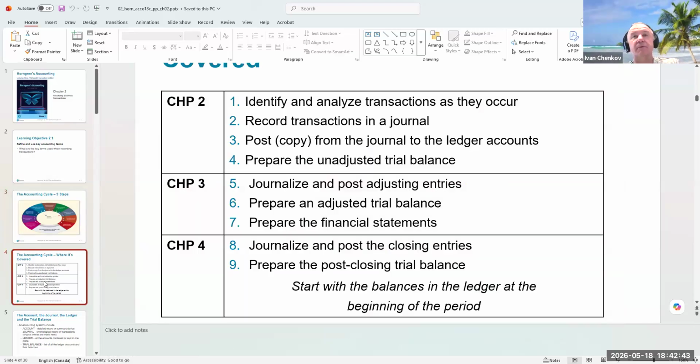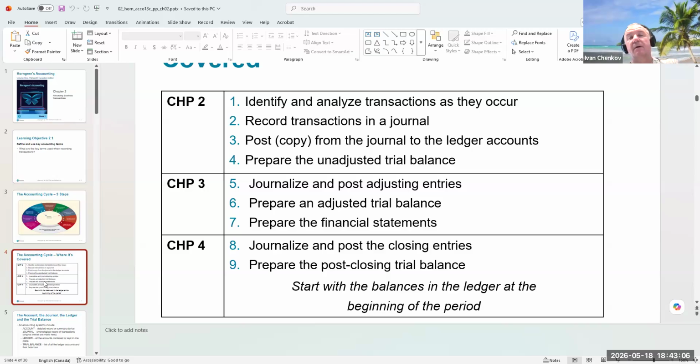So today what we're going to do is identify and analyze if the transaction happened. Then we're going to record the transactions in the journal. Then from the journal, we're going to post it into the ledger accounts and prepare the unadjusted balance. Next time in chapter 3, we're going to start journalizing, posting, and adjusting entries.